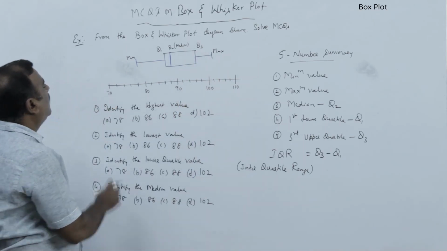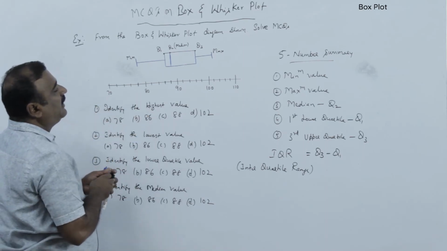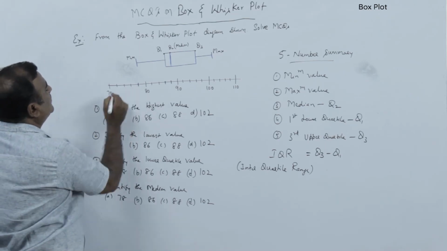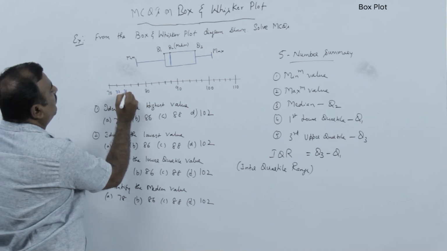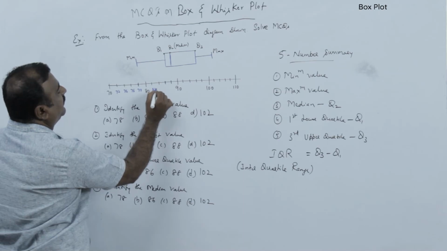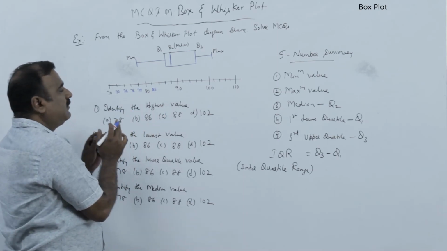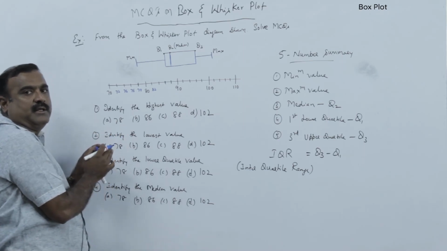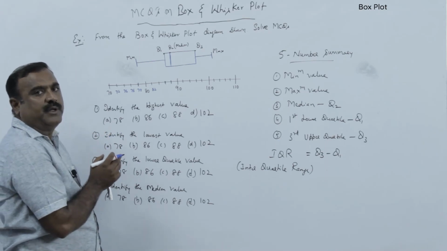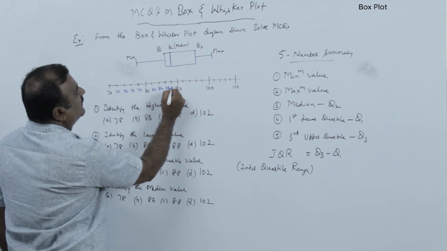Now here you can see 70, 80, 90, 100, 110, means 1, 2, 3, 4, 5th one, so this one will be 72, 74, 76, 78, 80. This information is not given. I am going a little slow, trying to make you understand one problem very clearly, so that any type of question arising on the box plot, you should be able to do it. So 82, 84, 86, 88.